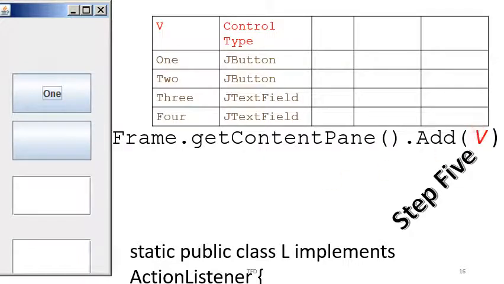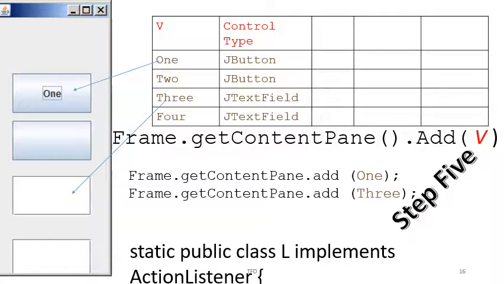But for some of them, it will happen, not these two. These two will be added at the beginning. But for these two, it will happen in here. And there's actually an action performed method in here. That's what executes the code when this button is clicked, and therefore these two things will only appear when the button is clicked rather than at the beginning of the program.